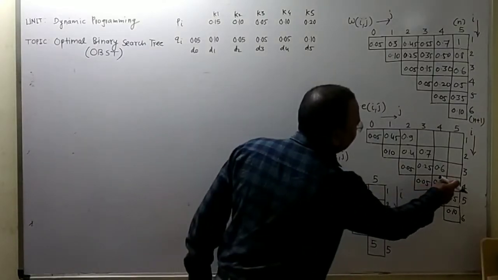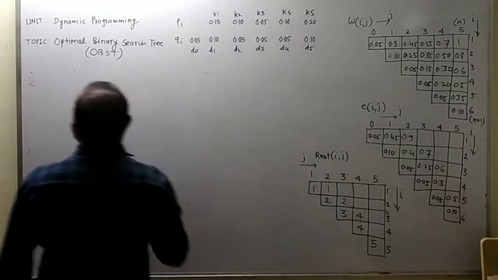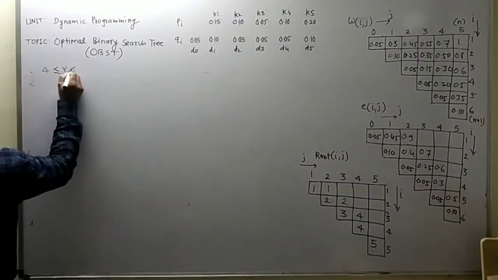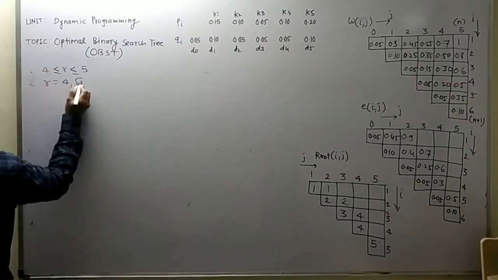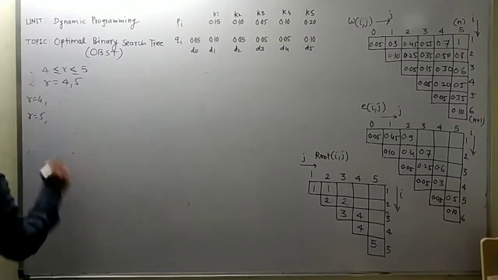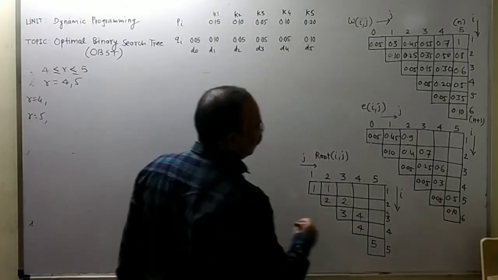Then try to get the value for this cell, that is the 4, 5 cell. So I is 4 less than equal to r less than equal to 5. R varies from 4 to 5: r is equal to 4, r is equal to 5. Now let us see the value for r is equal to 4.